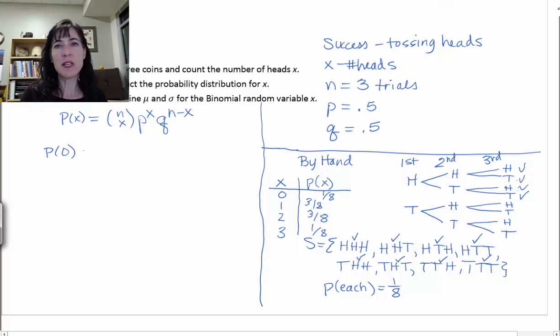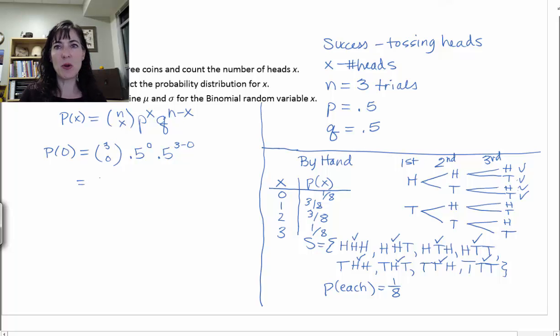That's the first thing on my chart that I did by hand. So I'm going to plug that in. My n, remember, I'm doing 3 trials, so I have 3 choose 0. The probability of success is 0.5, raised to the 0 power. The probability of failure is also 0.5, raised to the 3 minus 0 power.